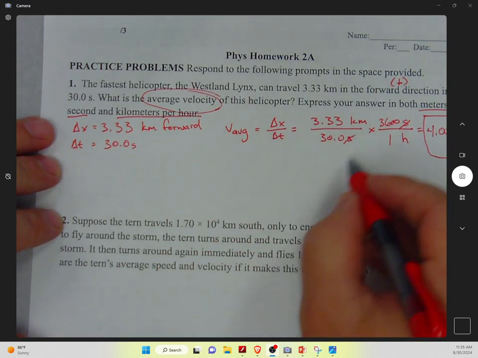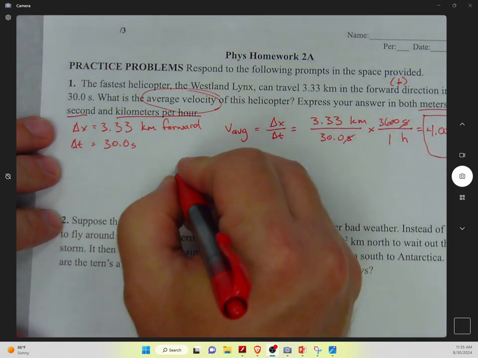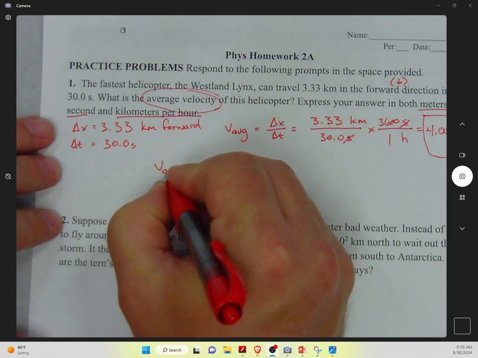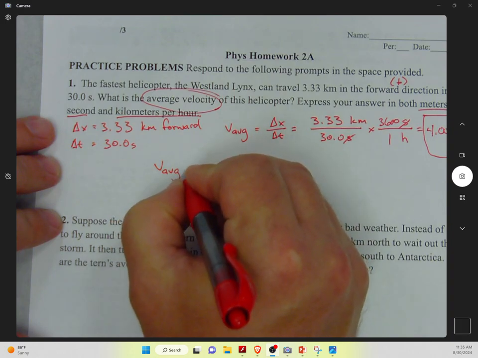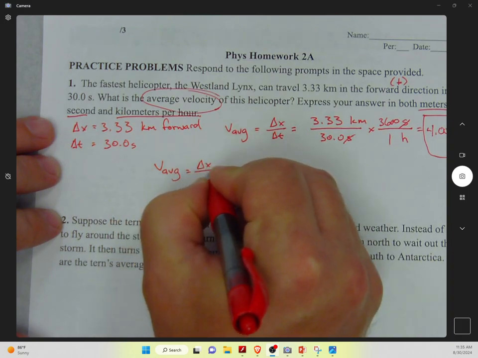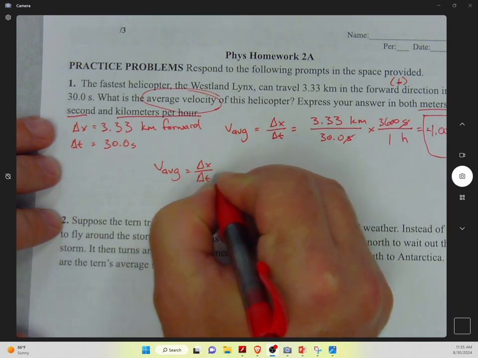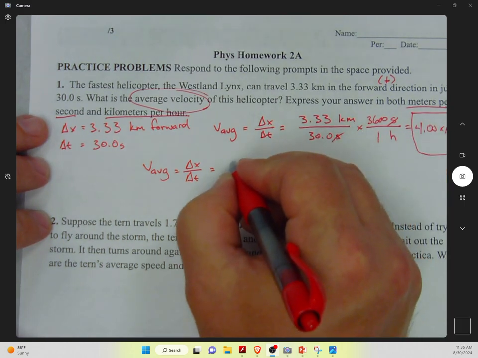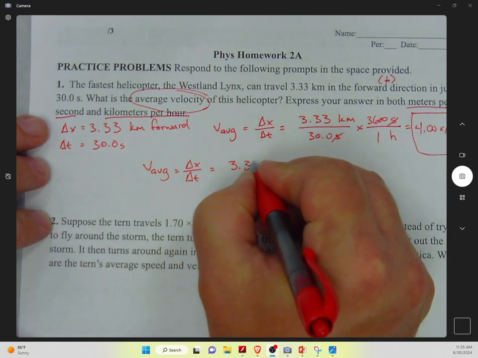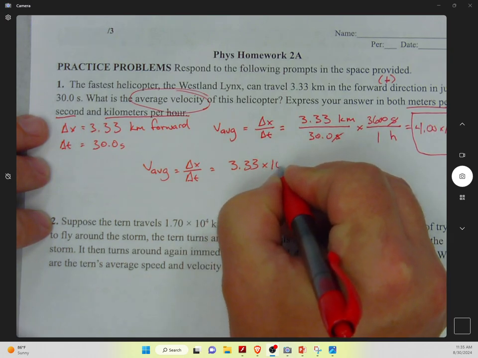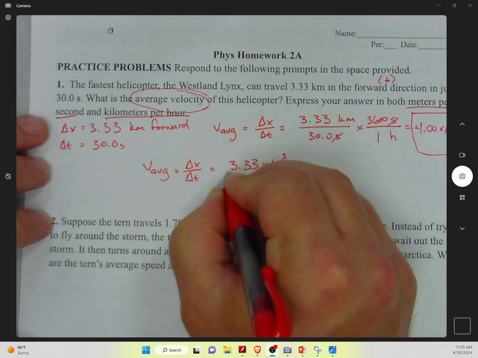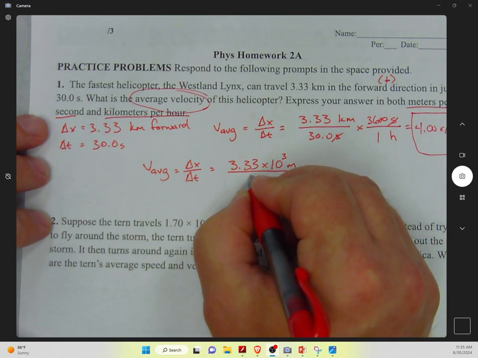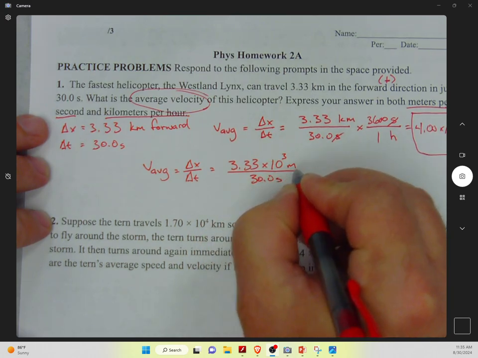Now I also have to do meters per second. So I'm going to set this whole shebang up one more time, but instead of kilometers here, I'm going to use meters. And then I'll keep seconds the same.